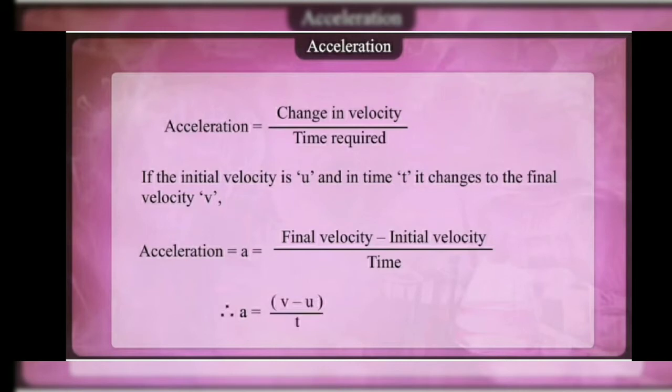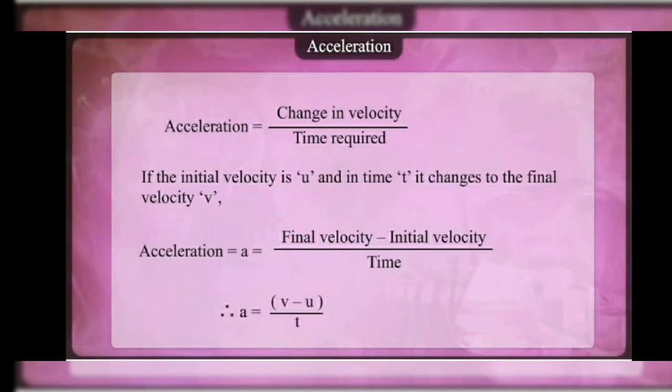Now if the initial velocity is u and in time t it changes to final velocity v. Okay, so how will we derive our formula? Acceleration, that is a, will be equal to final velocity minus initial velocity upon time.